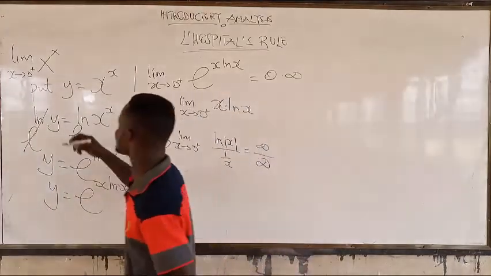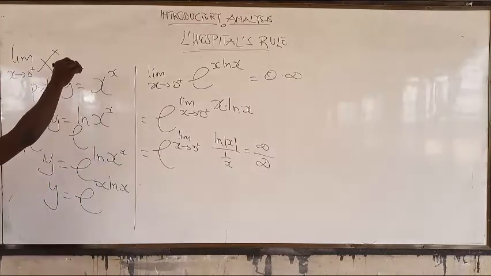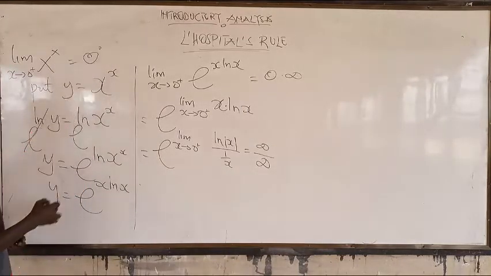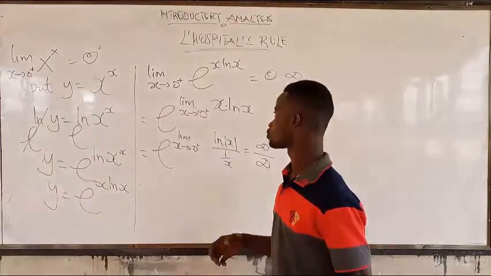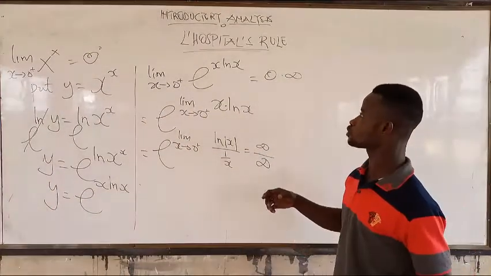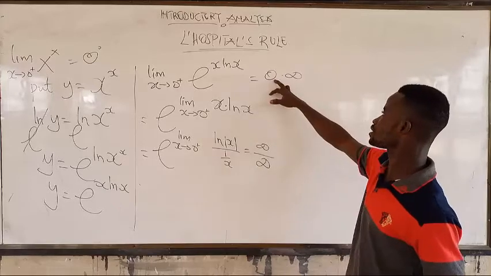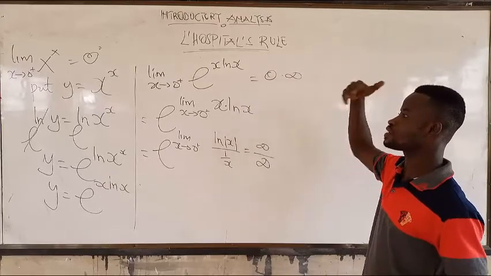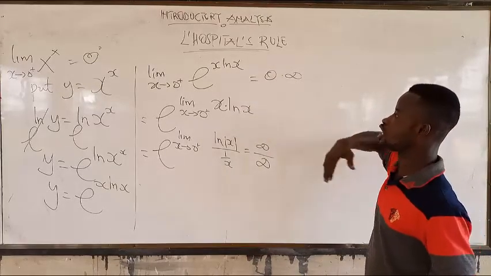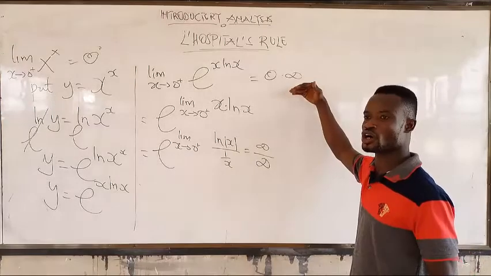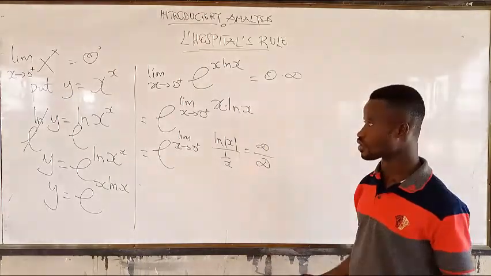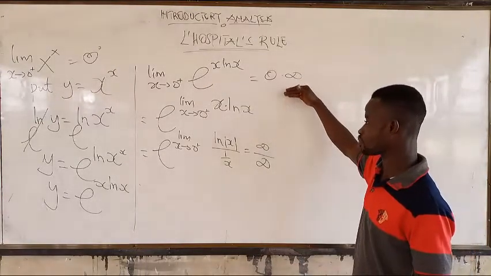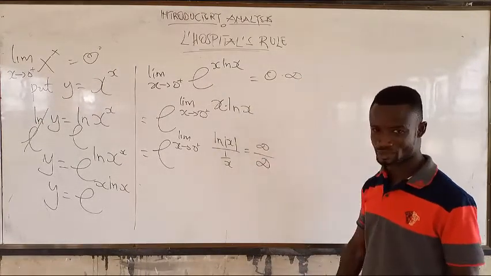Now you can see that here we were in the form like 0 times infinity, but we are able to change it. We have learned from our previous video that if you have 0 times infinity or infinity times 0 or infinity minus 0, you can apply your algebra, and by applying the algebra we now have the indeterminate form.